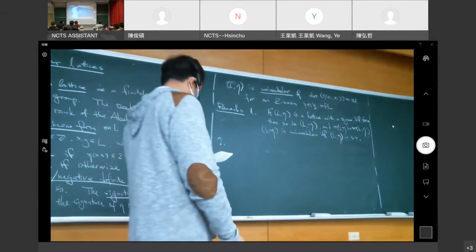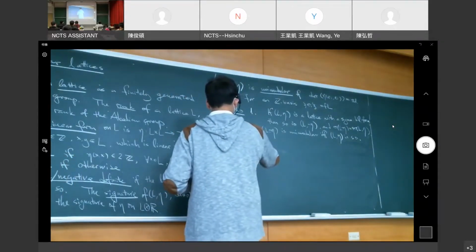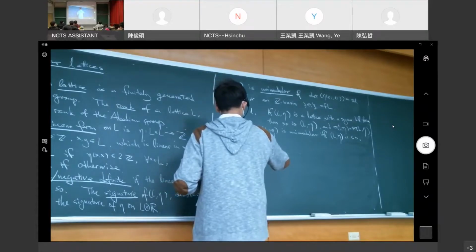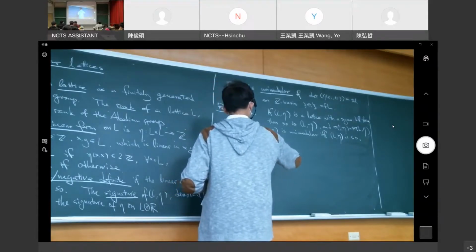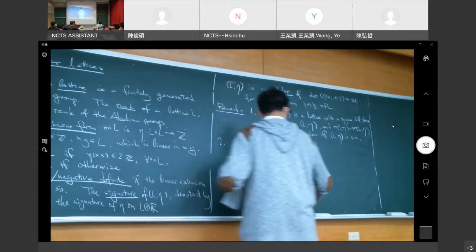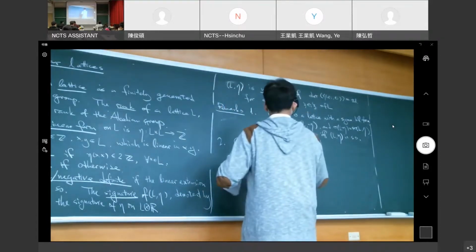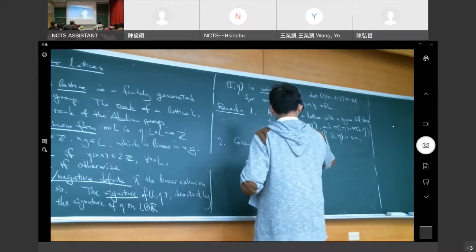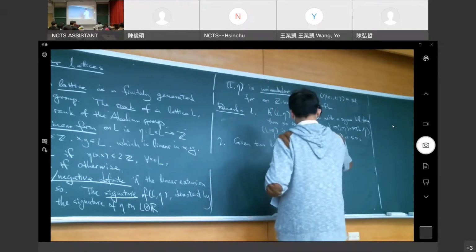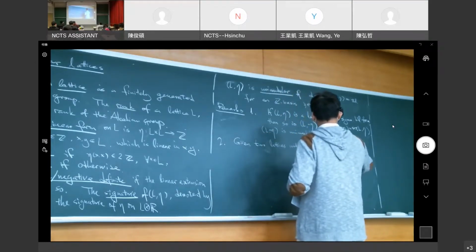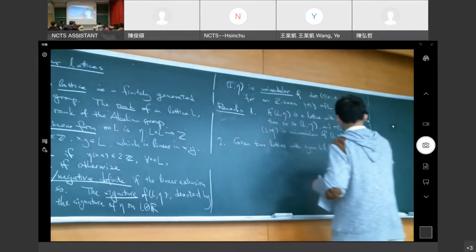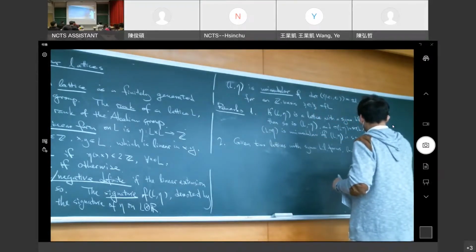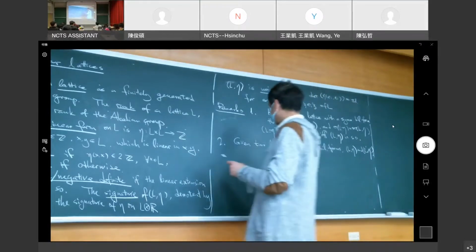And so the second, given two such, well, what do we mean by such? Two lattices with symmetric bilinear forms, which are denoted by L, eta and L prime, eta prime.